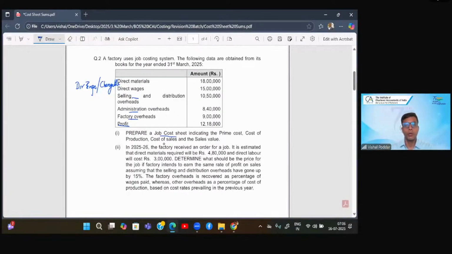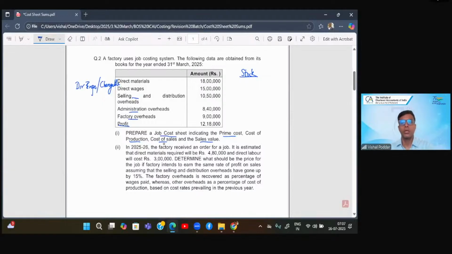You have to prepare a job cost sheet indicating the various elements of cost, prime cost, cost of production, cost of sales, sales value. Yes, just to update, besides this, you will also have stocks, the opening and closing stocks. Again, it is not given in this sum. That is why I selected this sum, because this would be a starter for today.